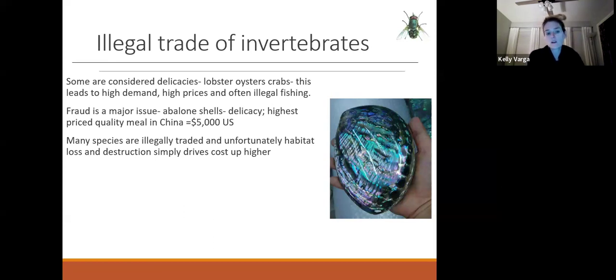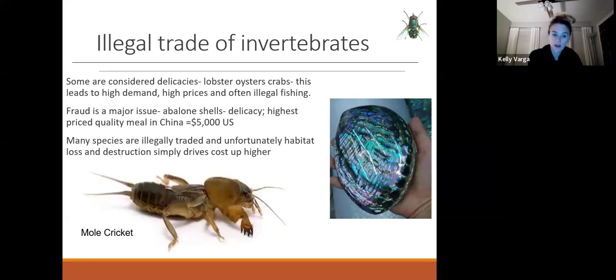Many species are illegally traded, and unfortunately, habitat loss and destruction is just going to drive the cost higher because they're becoming more and more endangered. Like the mole cricket. If you've never seen a mole cricket, now you have, and it is a very confused little invertebrate. He just doesn't know what he wants to be, but he deserves to be that little mole cricket.